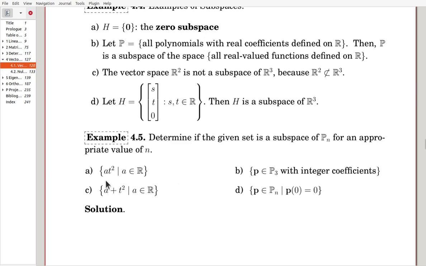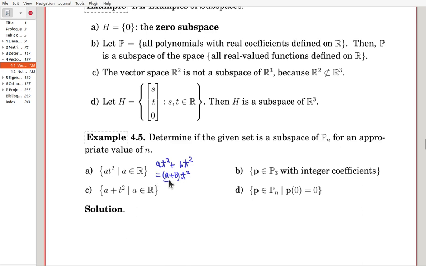Now, a t squared: if you choose from this set two entries, that will be a t squared, and for example, another number b t squared. If you add them, then it will be again a t squared form, along with some scalar, a plus b t squared.